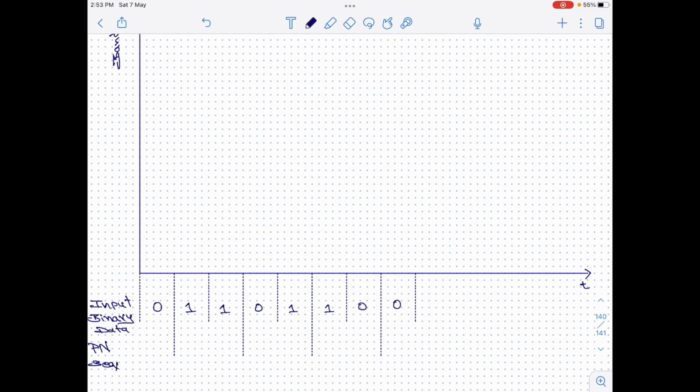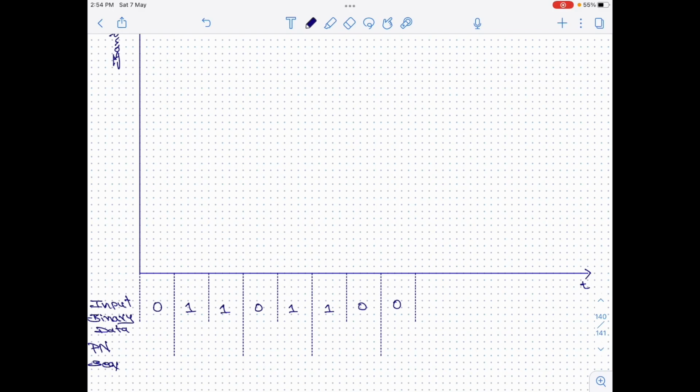Now, it is very important to note that the carrier frequency changes to a new value, or simply it hops to a new value, after transmitting every bit of the input binary data, or after transmitting a segment of the PN sequence of length 3.